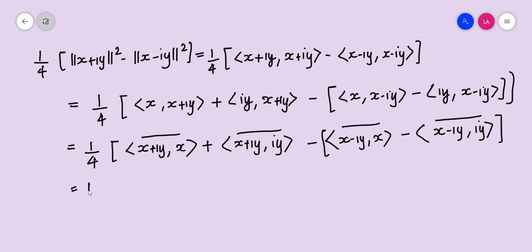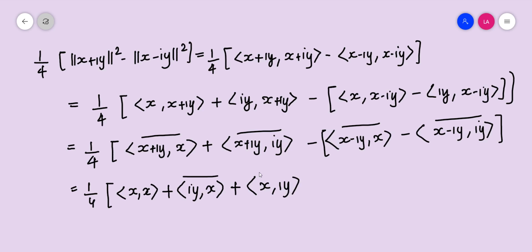Now if we split up the whole thing, this is equal to inner product xx conjugate, which is actually inner product xx itself, so inner product xx plus, next, inner product iy x conjugate plus here also inner product x iy conjugate.